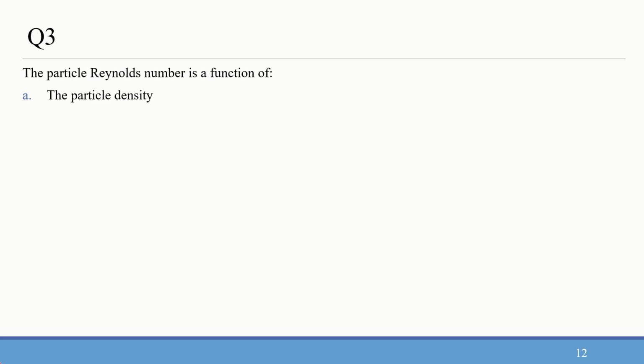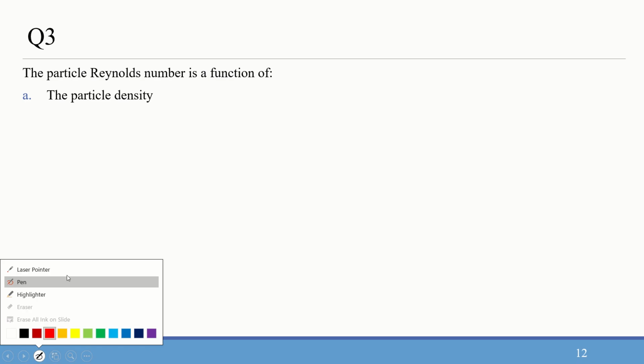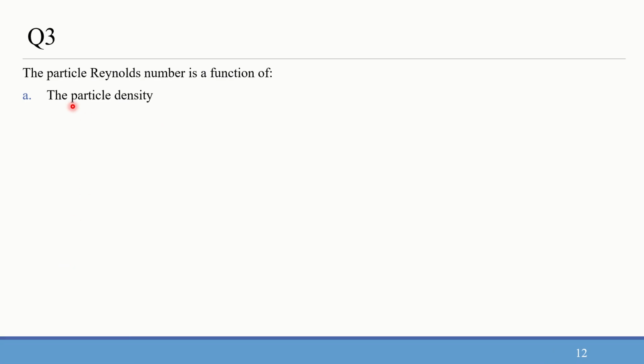So the particle Reynolds number is a function of, option A, particle density, option B, surface tension, option C, particle diameter, option D, both A and B. As I mentioned, Reynolds number is given by Re is equal to rho into V into dP by mu. So rho is the density of fluid, not particle, V is the relative velocity, and dP is the diameter of the particle, divided by mu.